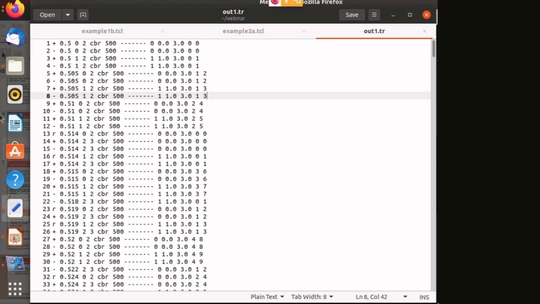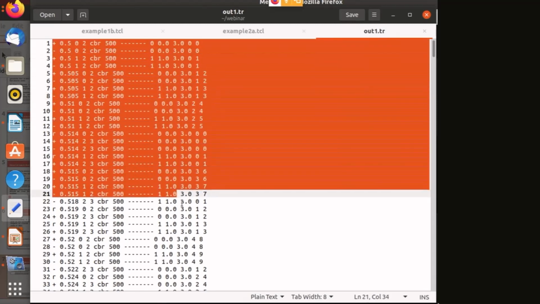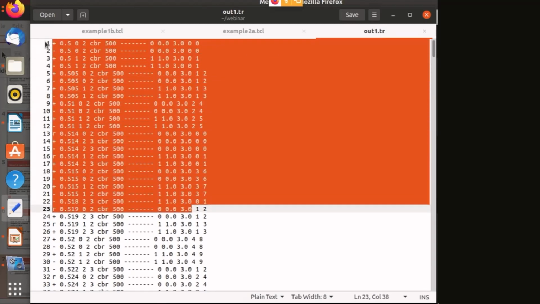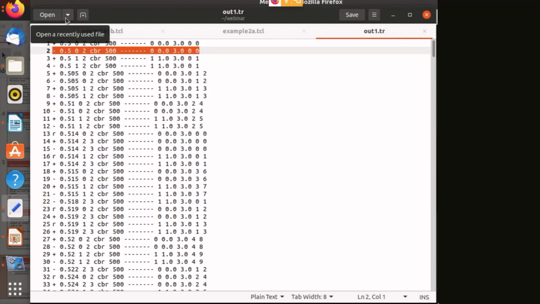Line numbers are written here. Line numbers are not part of the file, but they are there for understanding. These line numbers can be removed as well, but they are required to understand.